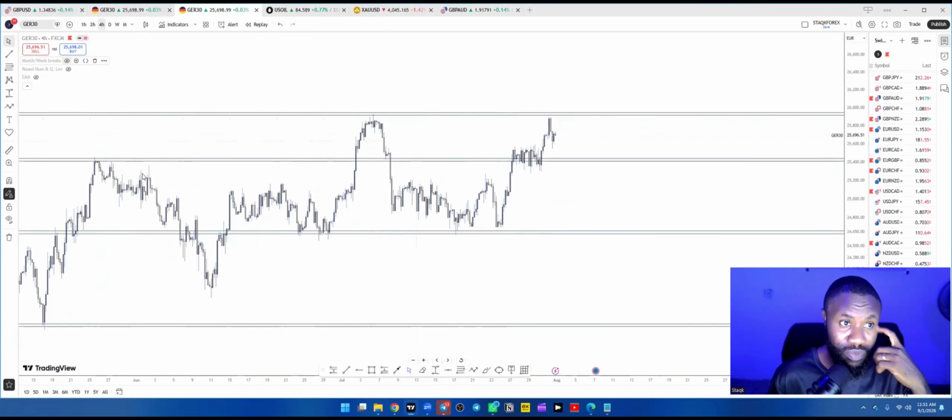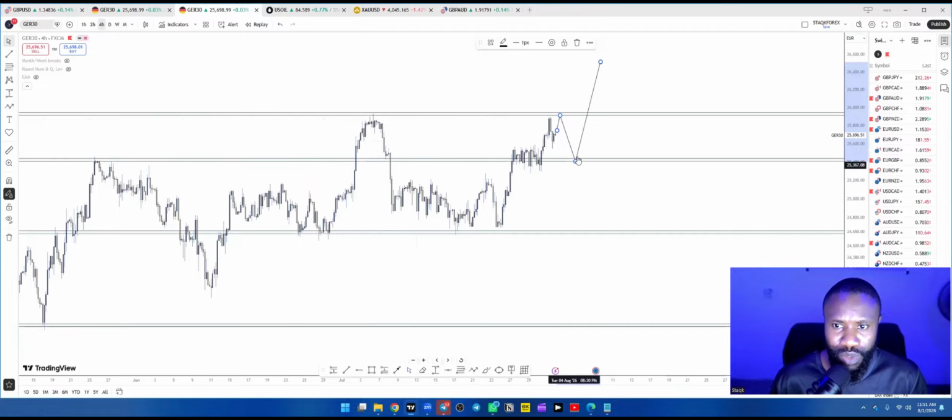I'll be expecting price to push up a bit, then drop to this level, then before what, buy. So we are going to be looking for an opportunity to jump into the trade from this level. That is when I will be buying from here.